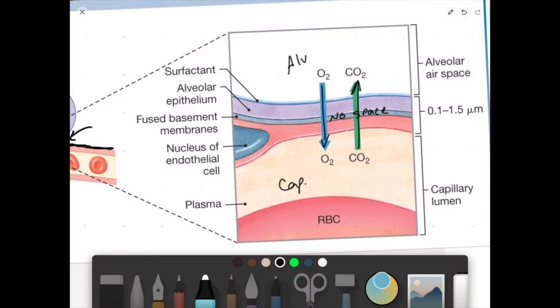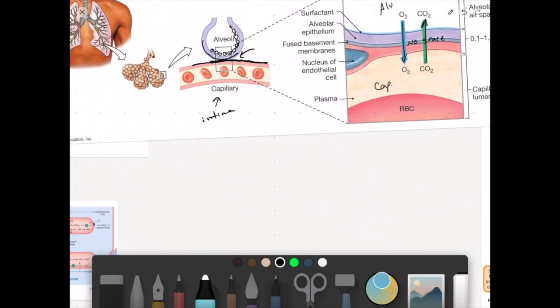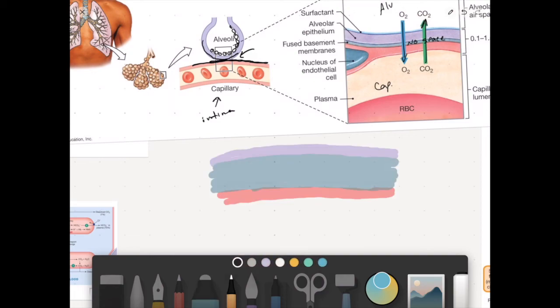Now, if this becomes inflamed, that's when you end up with problems. So if you have inflammation, what that's going to do is add fluid in here, and now that diffusion doesn't happen so readily.